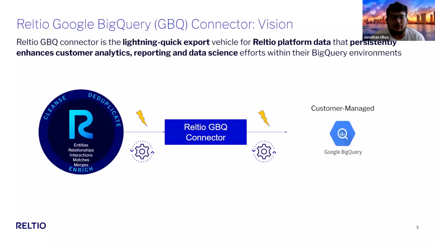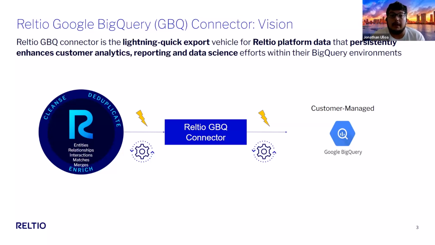There's a trend we see with customers, as part of a data strategy, to use their analytics warehouse as that main repository, right? And since Reltio looks to provide the single source of truth for different data types like entities, relations, interactions, matches and merges, we want to be connected to where it all begins.